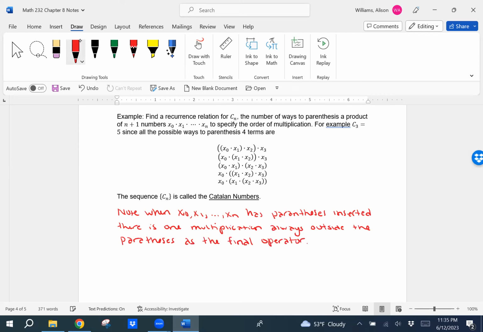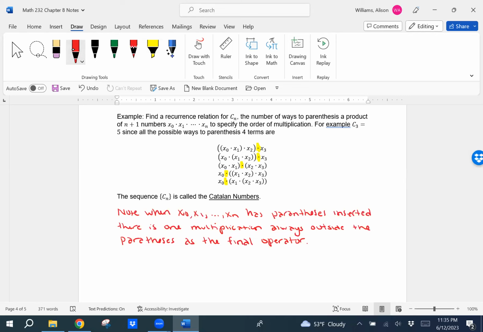All right. So it kind of represents the last step, that final multiplication. So in the first one, this one's the final multiplication. This one's the final multiplication. This one's the final multiplication. This one is it, and this one is it. All right. So there's always a final one.